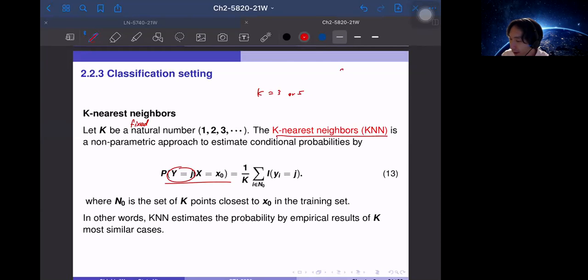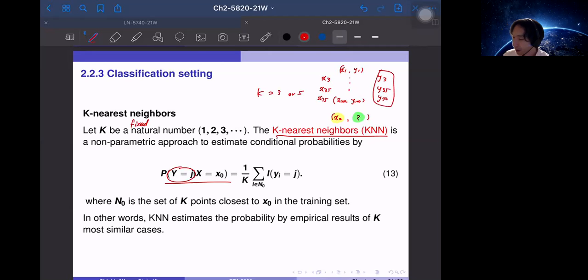So we have x1, y1 up to x100, y100. Then we observe a new x0, and we want to predict this y value. Then we choose the closest ones. We choose the 3 closest observations to x0. That may be x3, x35, and x75. Then we look at the corresponding y3, y35, and y75.